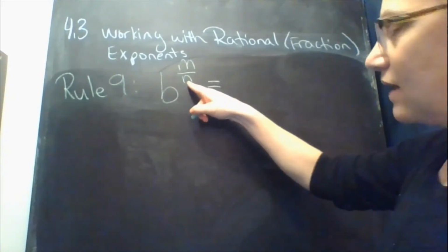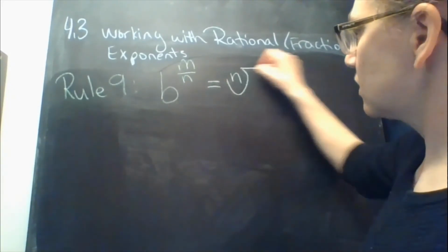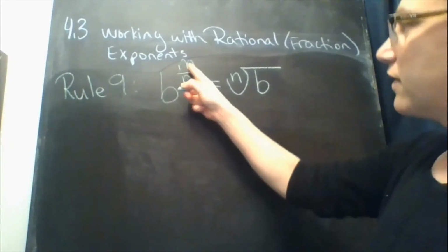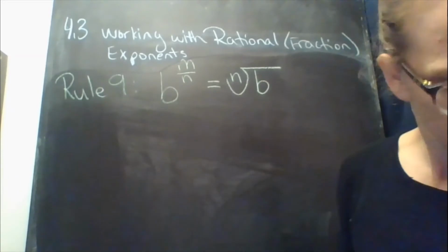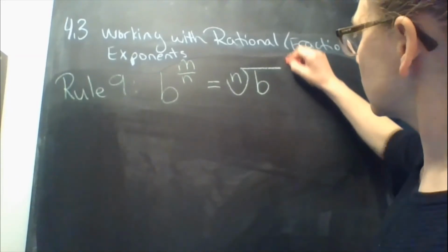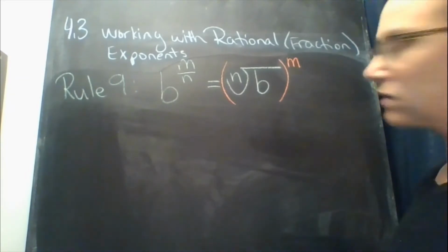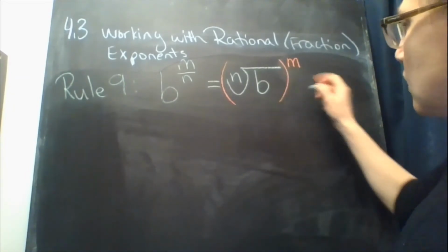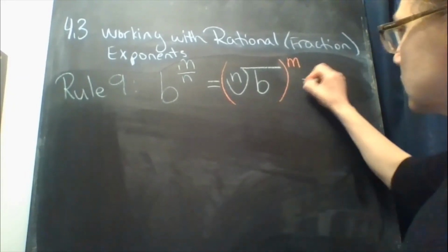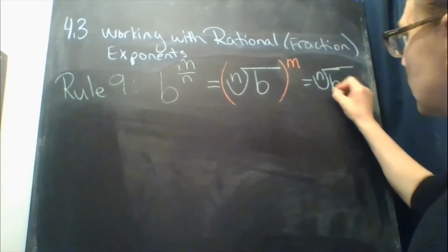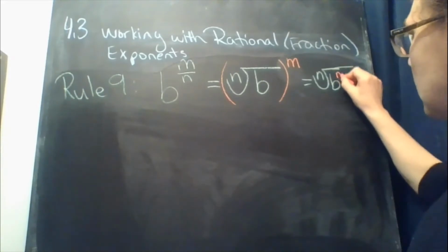So that n in the denominator is still code for the nth root of b, and then that m is just on the outside. So everything is to the exponent m is one way to write it. We could also write it on the b as well. That works too. So I have my nth root of b to the exponent m.